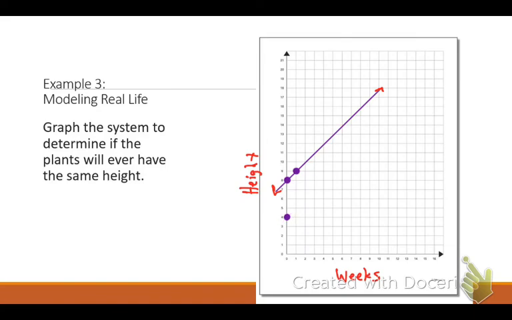But what is plant B's slope or rate of growth? 2 over 1. So it's a little bit of a steeper slope because it's growing faster. Now I'm going to draw my straight line. Oh man, it was so close to perfect. Okay, my straight line through.